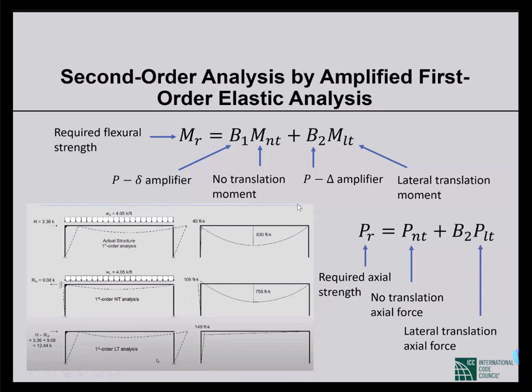I'm not going into the detail, I'm just giving you the concept of how to do the second order analysis. From the code, you can easily find the expressions for B1 and B2, and then calculate them.